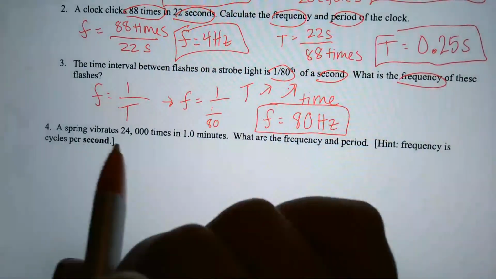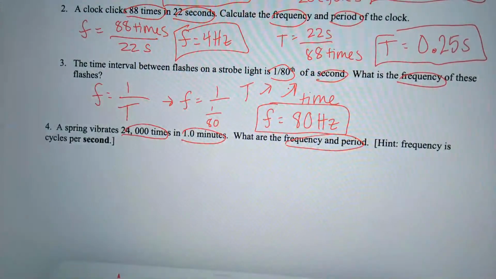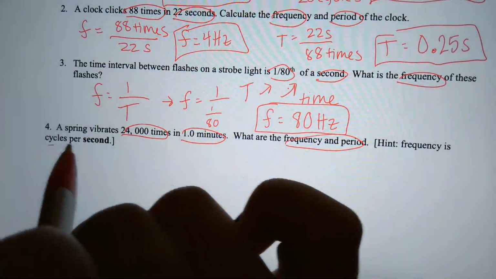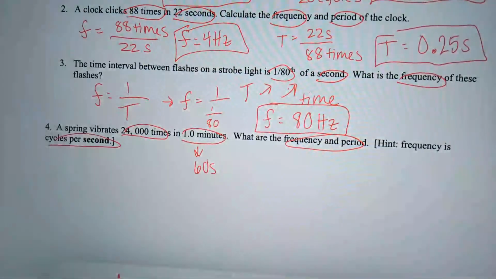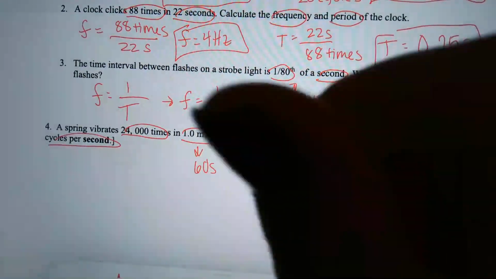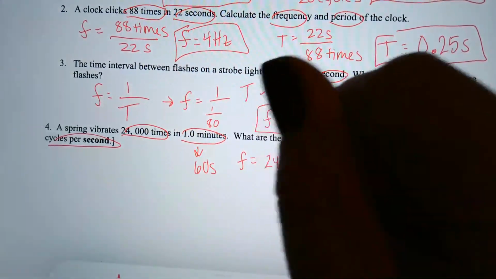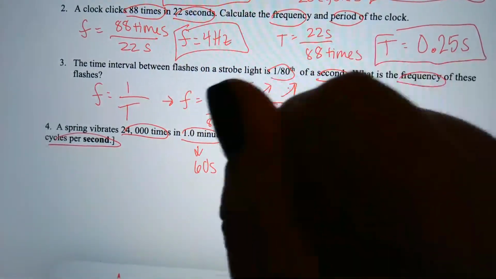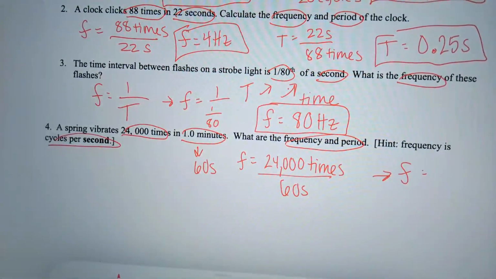And finally, a spring vibrates 24 times in 1 minute. What are the frequency and period? And the hint is that frequency must be in cycles per second. So 1 minute is 60 seconds. That was the only kind of red flag. So frequency, again, is the number of times per time. So 24,000 times over 60 seconds. And frequency is the following.